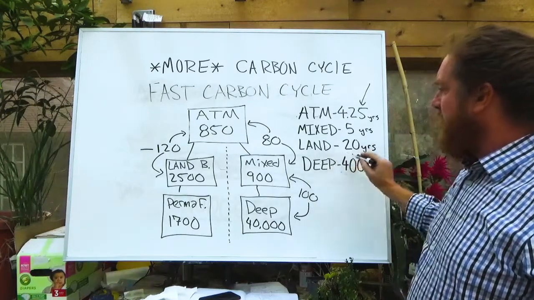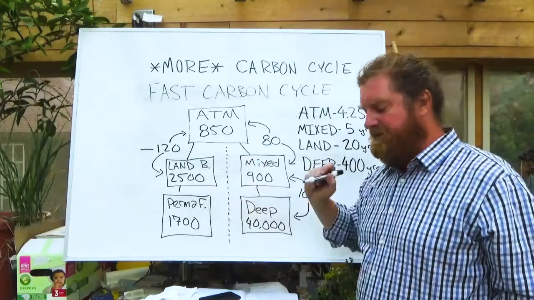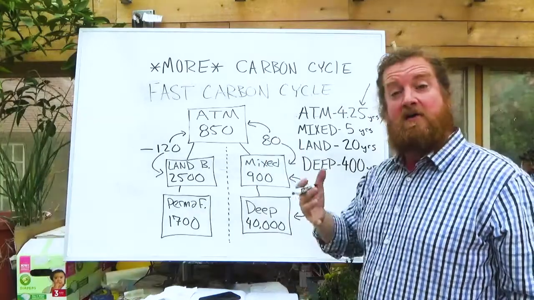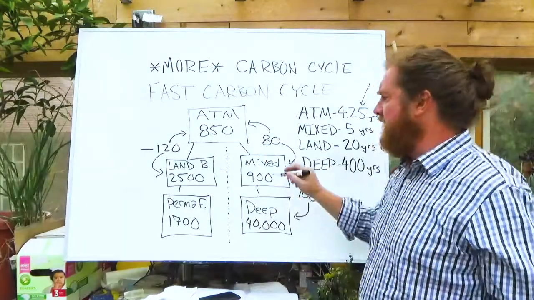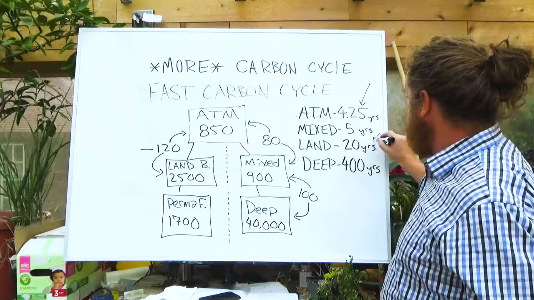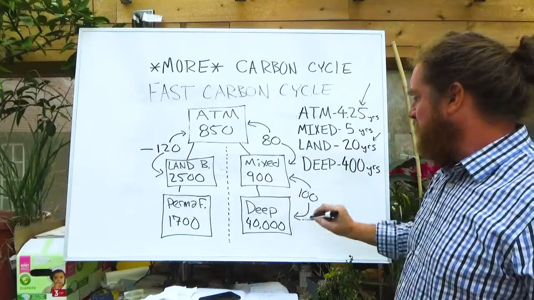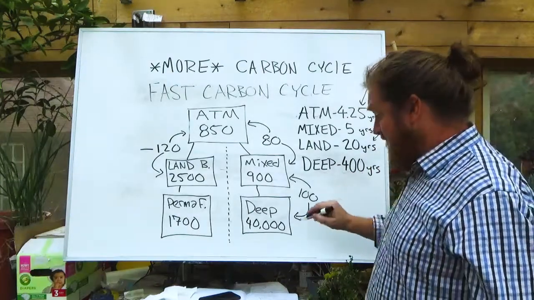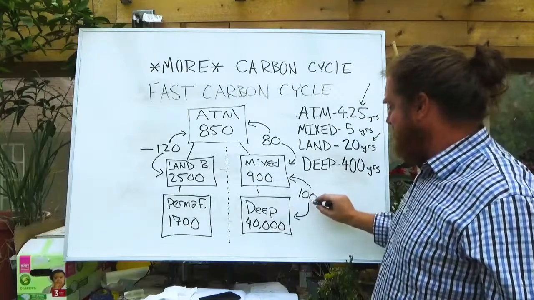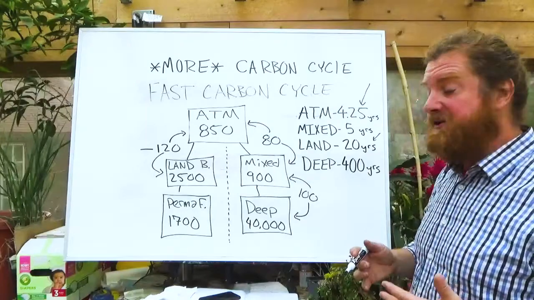For the land biosphere, there's a lot of carbon, and a lot of that is fairly long-term, like a tree, right? A tree is building its carbon. So the land residence time is quite a bit longer, about 20 years. But the big one here is the deep ocean. The deep ocean has a lot of carbon in it, and it has a fairly low flux when compared to the volume of carbon.